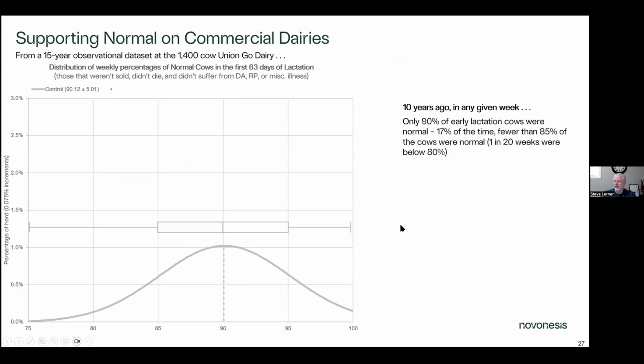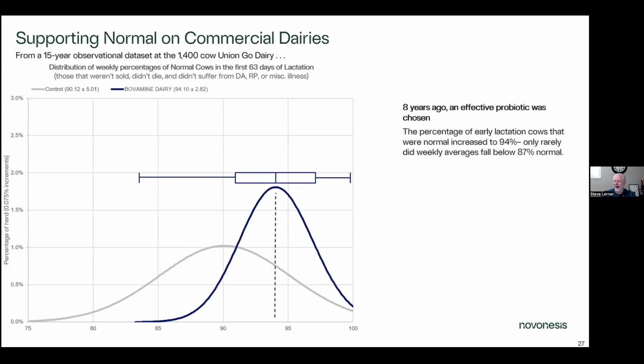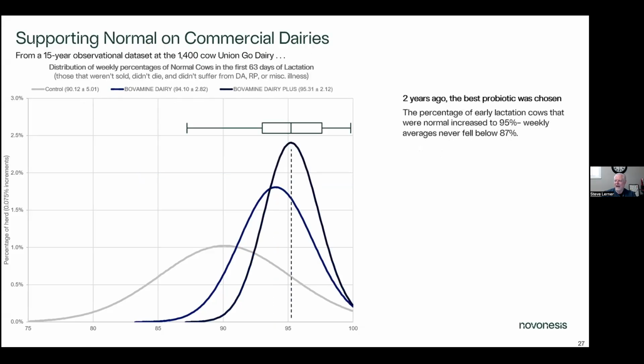The Goldsteins made a choice to go on an effective probiotic, and over the course of the next 8 years, they went up to 94%, but probably as importantly, the variation week to week went from 5% down to 2.8%. About 5 years ago, they went on our best product, and now they've been running at about 95 plus or minus 2%, even through the last months of observation.